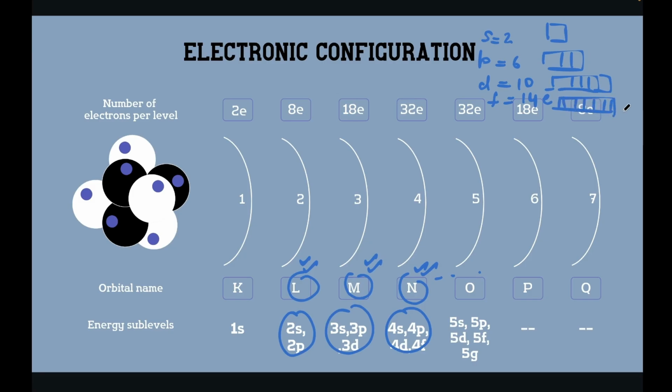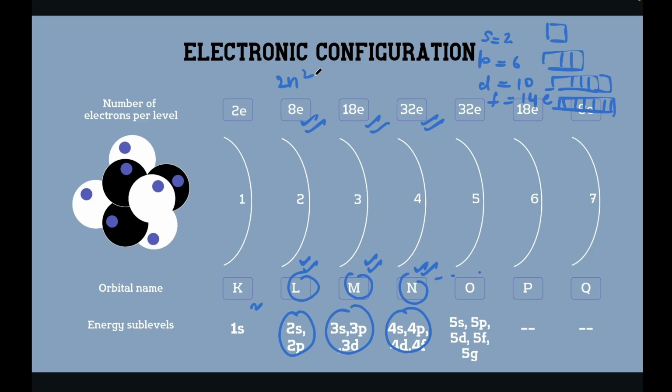So maximum number of electrons each shell can hold is K can hold 2 electrons, L can hold 8 electrons, M can hold 18 electrons, and N can hold 32 electrons. These values come from the formula 2n square. This shell and subshell structure helps us write the electronic configuration of atom. So we will take up electronic configuration in the next part.